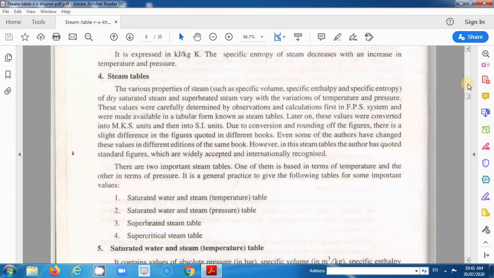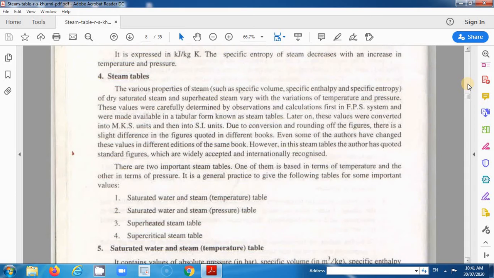Later on, these values were converted into MKS units and then into SI units. Due to conversion and rounding of the figures, there is a slight difference in the figures quoted in different books. Even some of the authors have changed their values in different editions of the same book.